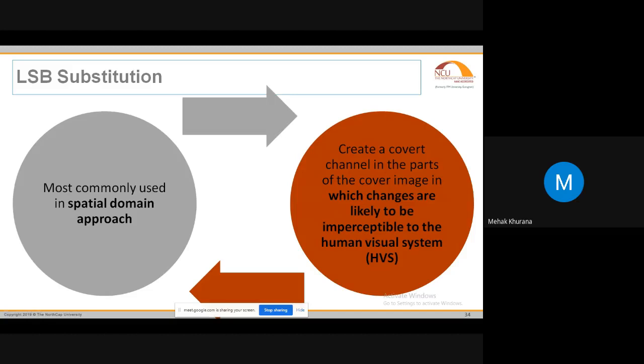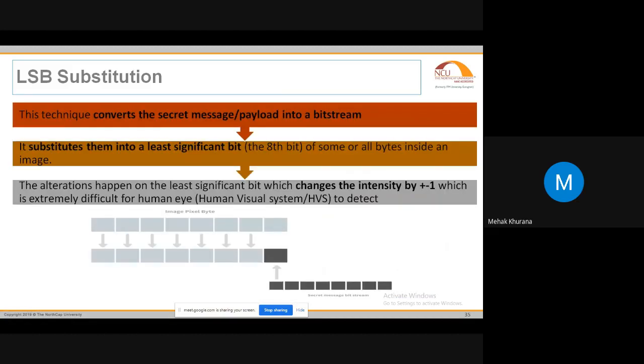Next, sir, please. We can see that in LSB, we are converting the secret message, whatever secret message we want to hide, into a bit stream, that is in bits, and everybody knows that bits are in the form of 0 and 1, that is binary. So we are going to substitute the bits.